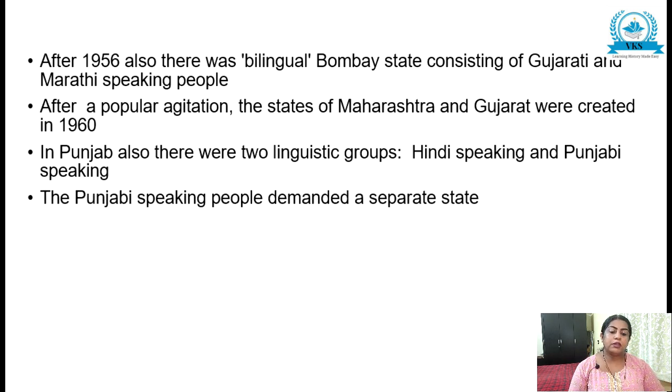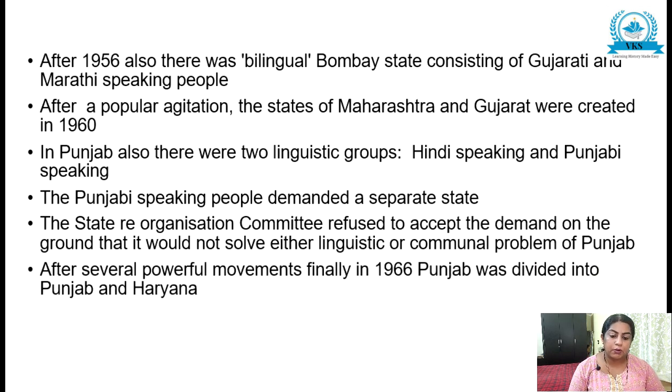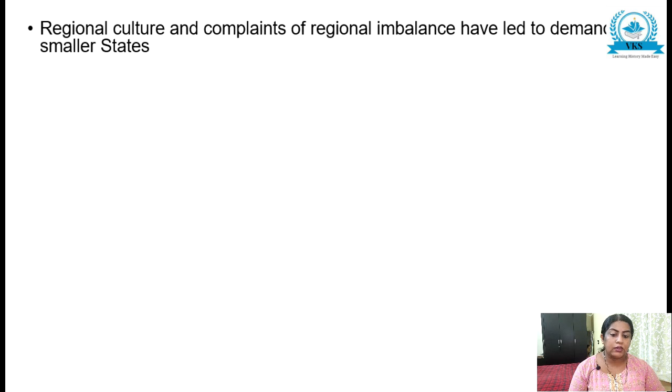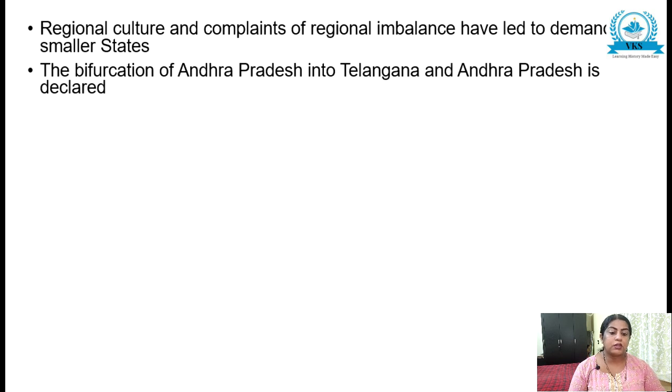The Punjabi speaking people demanded a separate state, and the State Reorganization Committee refused on the ground that it would not solve either the linguistic or communal problems of Punjab. After several powerful movements, finally in 1966 Punjab was divided into Punjab and Haryana. Language alone did not remain the sole basis for the reorganization of states. Regional culture and complaints of regional imbalance have led to the demand for smaller states. The bifurcation of Andhra Pradesh into Telangana and Andhra Pradesh was declared.